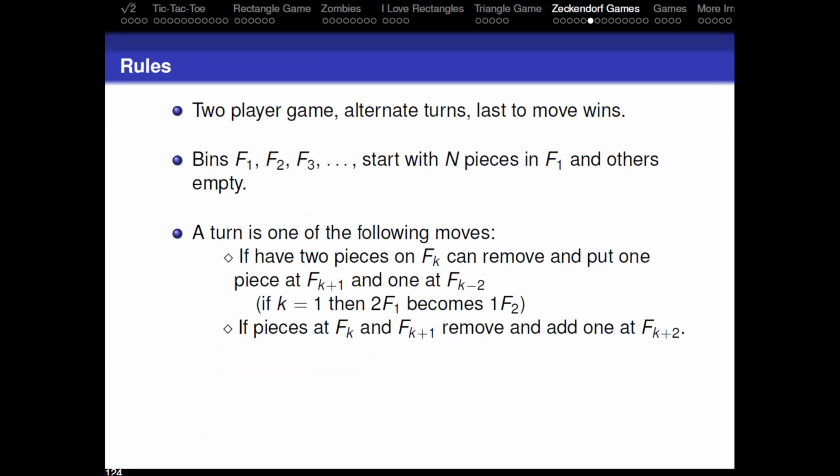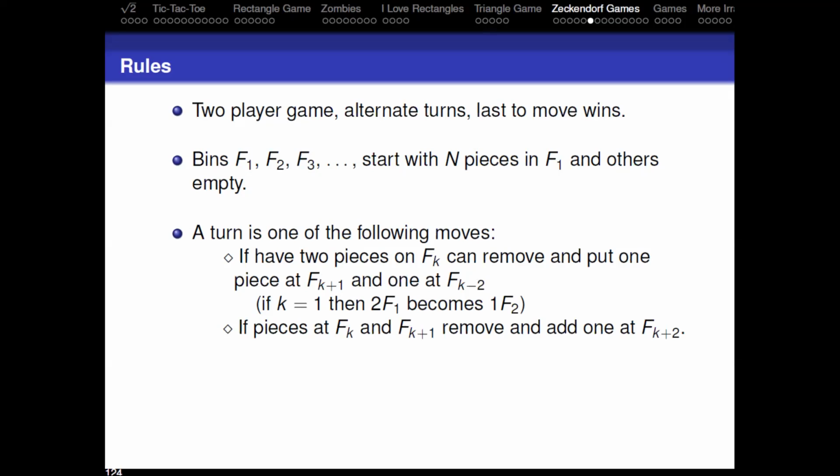On your turn, you can do one of the following two things. If you have 2 pieces on bin k, you can remove them and put a piece on k plus 1 and one on k minus 2. This is the same as 8 plus 8 is 13 plus 3.